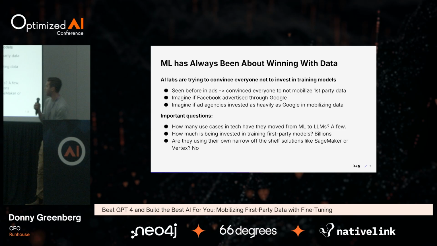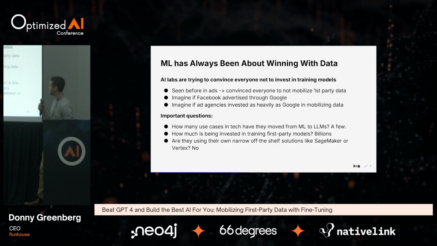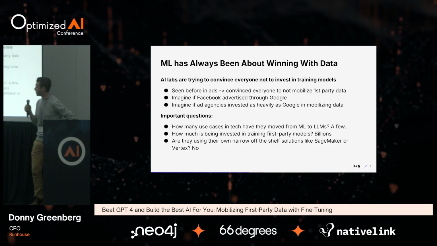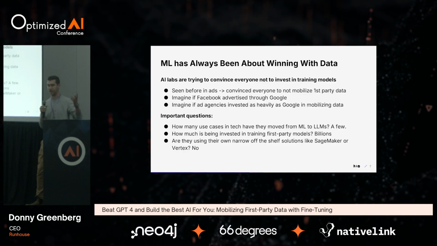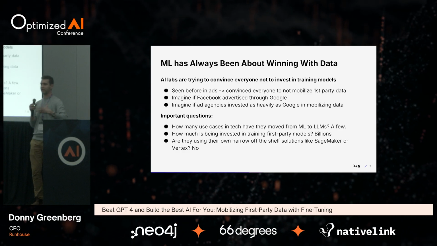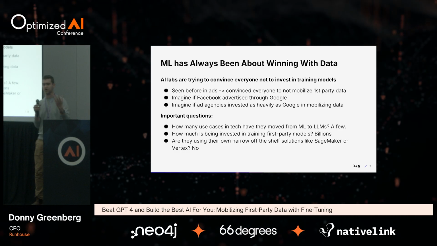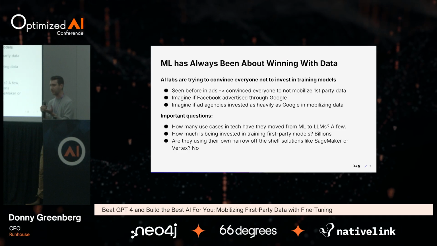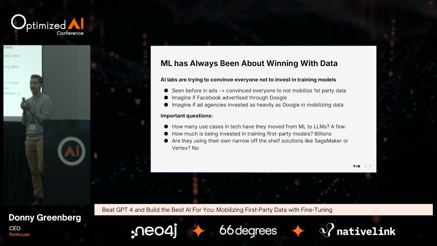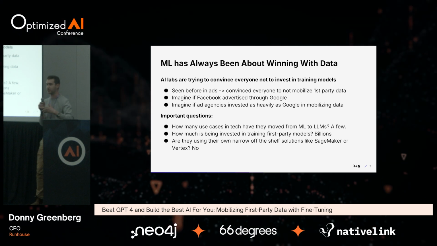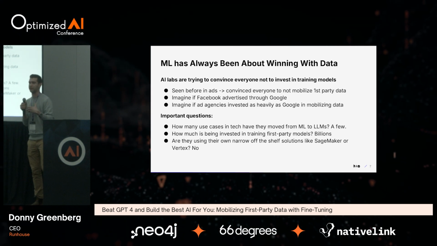Not to point at any specific fingers, I did work in one of these ad organizations, but in the ads ecosystem, a small number of organizations convinced everybody else to, instead of mobilizing their own first-party capabilities, training models, and mobilizing their own data, instead rely on one large corpus of data that was held inside of an ad tech organization and to let them train the models as a service.